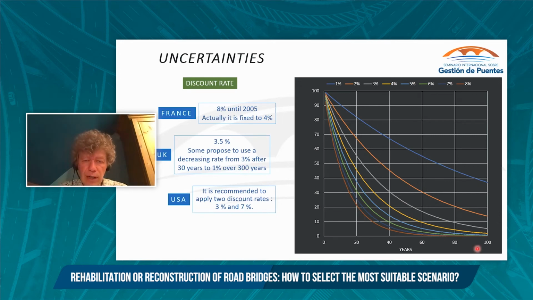So in fact, you are going up in this curve. And finally, in the US, they propose to consider two values of the discount rate in your calculation, 3% and 7%.